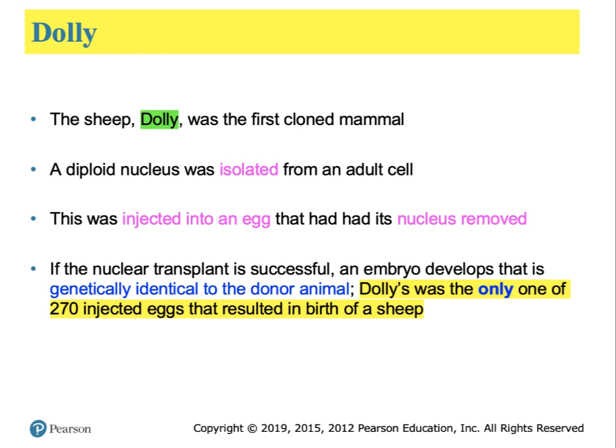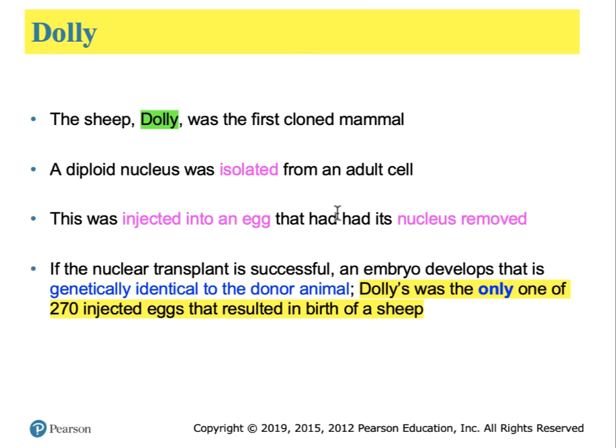One universally touted success story has to do with Dolly the sheep. Dolly was a sheep. She was the first cloned mammal in recorded history. Her origins began by a scientist removing the diploid nucleus from an adult cell and then using that nucleus to inject into an egg that had its own nucleus removed.